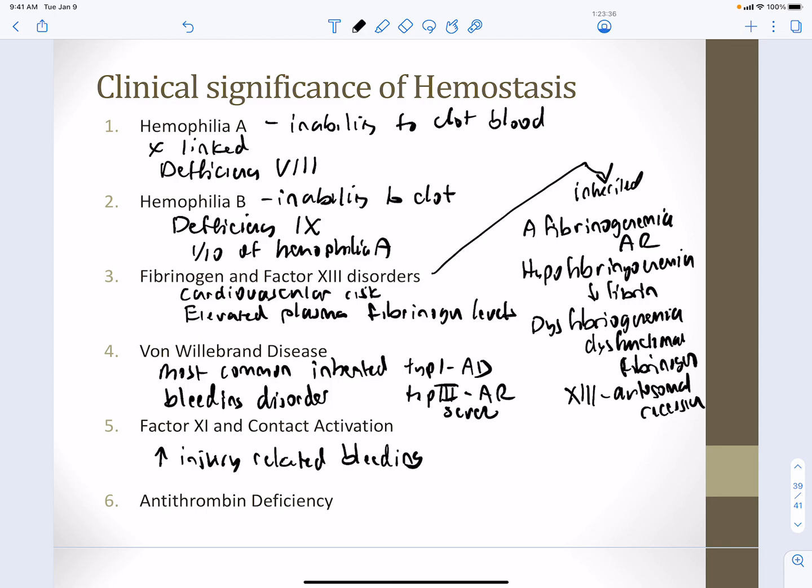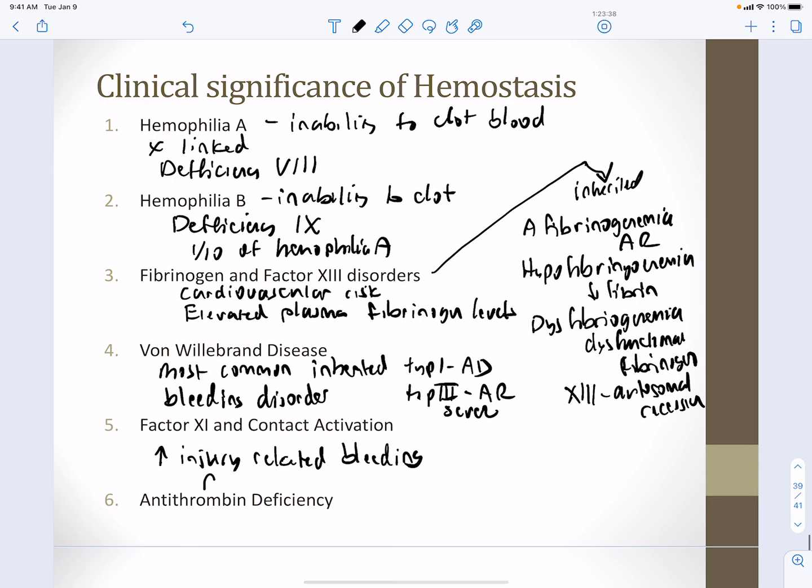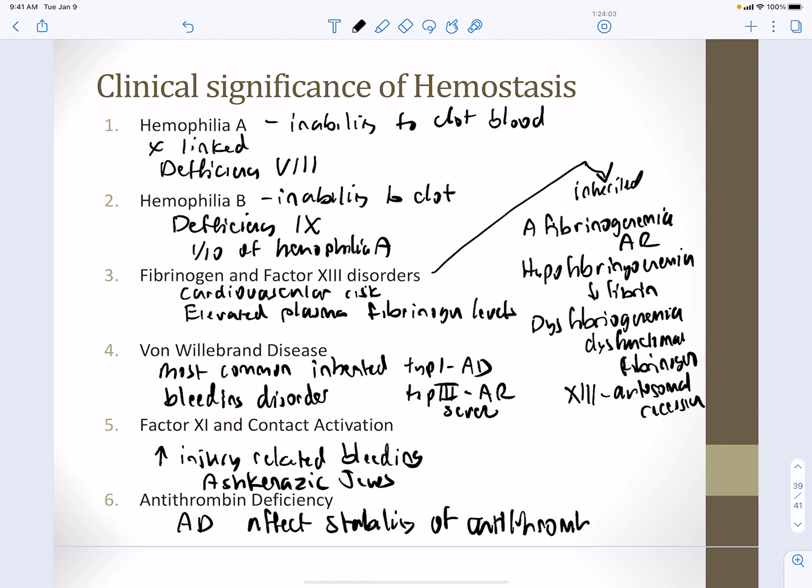And this is common in our Ashkenazi Jews. We also have antithrombin deficiencies, and this is autosomal dominant, and this is going to affect the stability of antithrombin. Treatment is going to be with heparin and anticoagulant therapies.